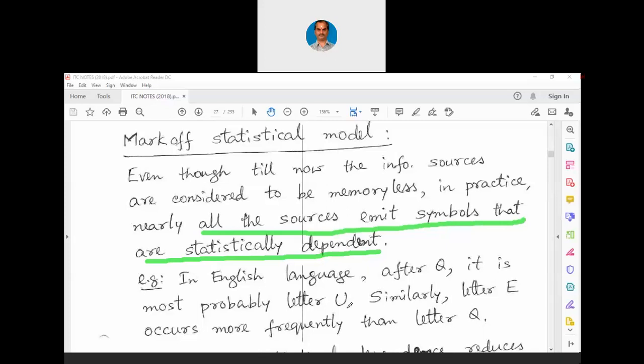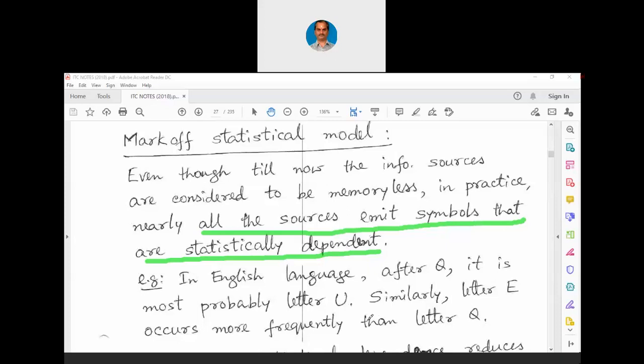So we cannot say that Q and U are statistically independent, because after Q, it is most probably U, which means the occurrence of U is dependent on the occurrence of Q.